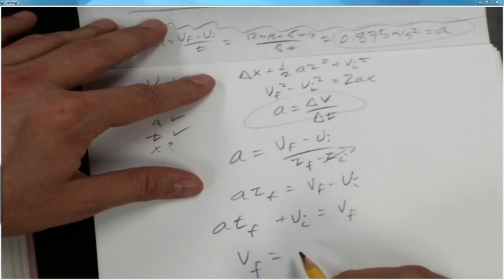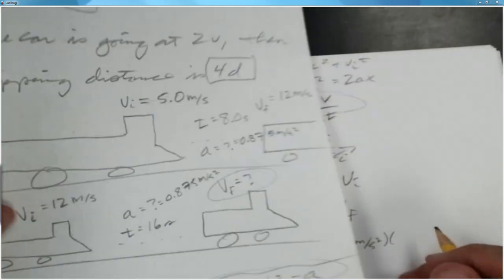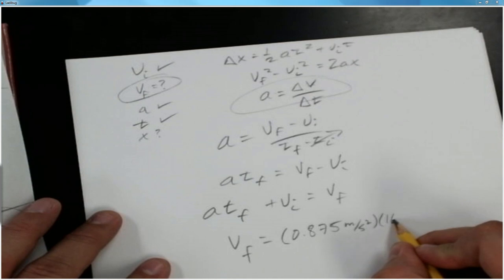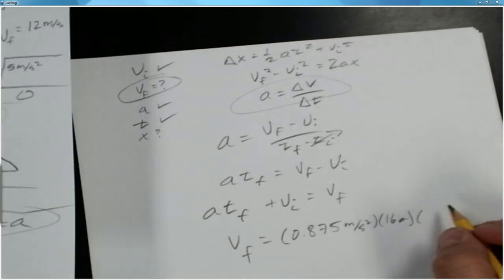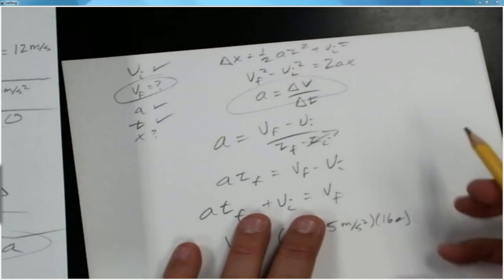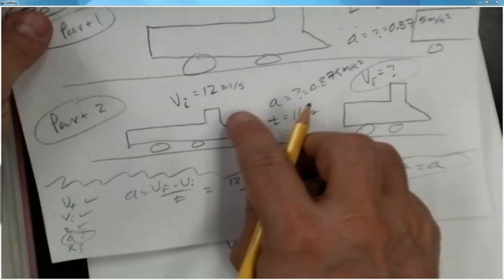VF must be equal to, my A was 0.875 meters per second squared times the time, what did they say it was? 16 seconds. Plus, oops, not times, plus the initial. Okay, the initial would be 12.